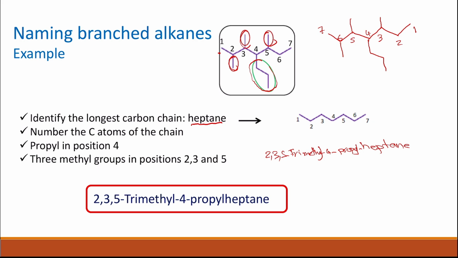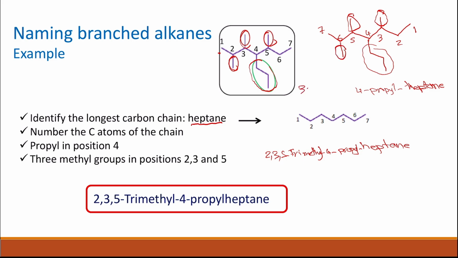Now let's have a look if we started the numbering from the right. It's still going to be heptane as the root name. And then let's have a look at the substituents. We still have a propyl at carbon number 4, so this is 4-propyl. But when we look at the methyl substituents, we find them at carbon 3, carbon 5, and carbon 6.